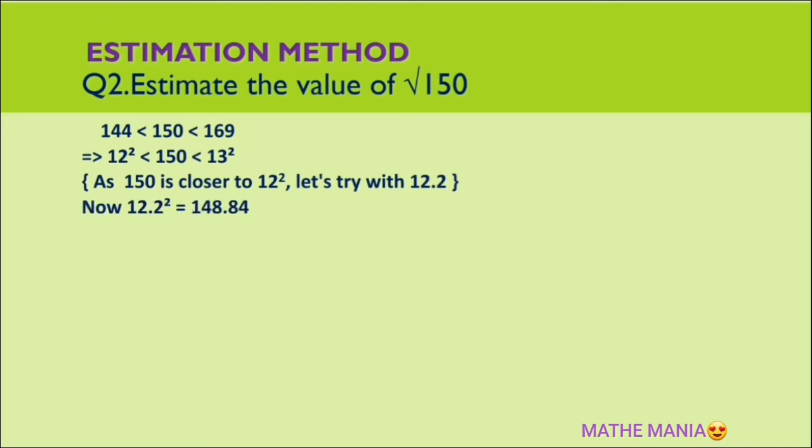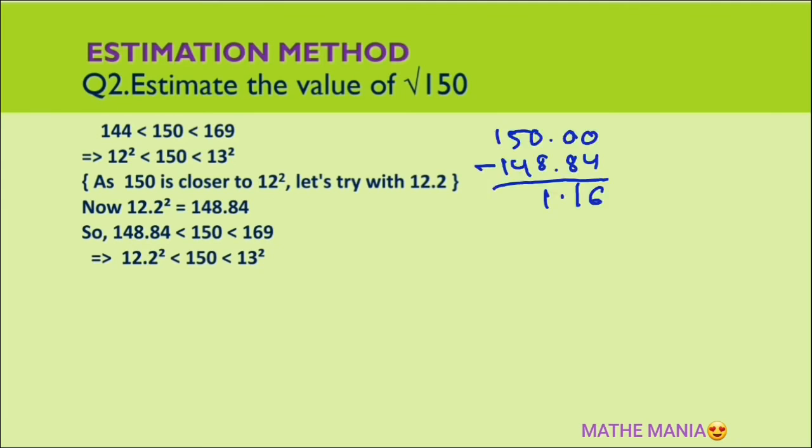So now we will replace one out of these two numbers by this number, and hence we get 148.84 is less than 150 is less than 169, or 12.2 square is less than 150 is less than 13 square. If you again observe, you will find that 150 is very close to 12.2 square as compared to 13 square.